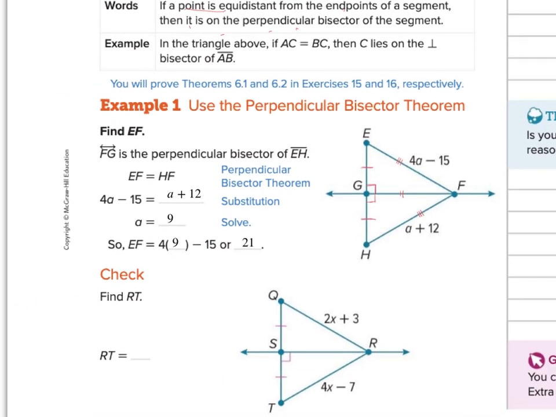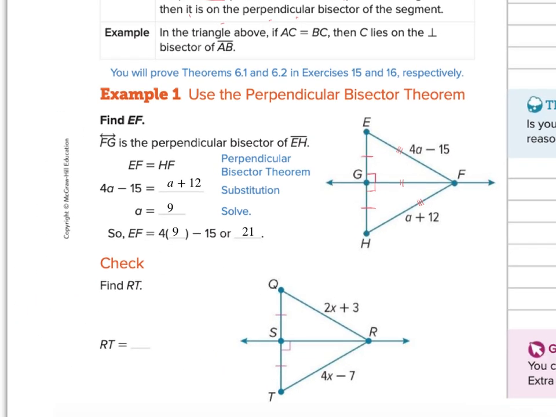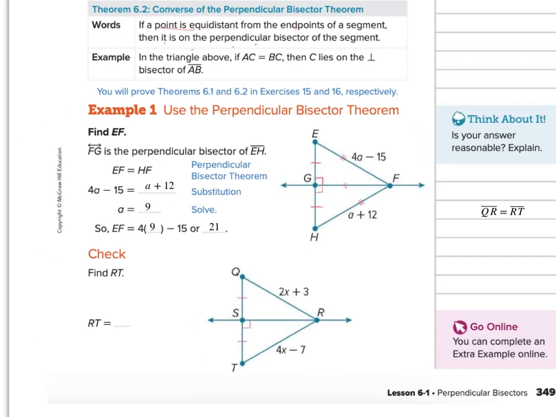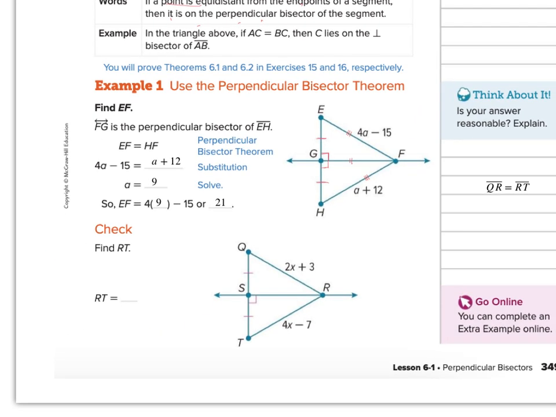So I can make those two things equal to solve for the value of A. There are obviously some inverse operations here that they didn't put in, but ultimately we found that A was equal to 9, we substituted in and found that this was 21 units, and that is 21 units.